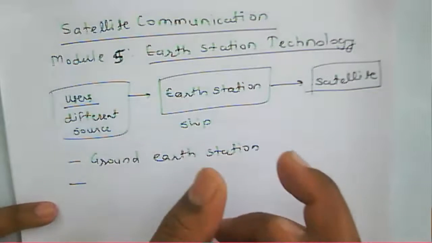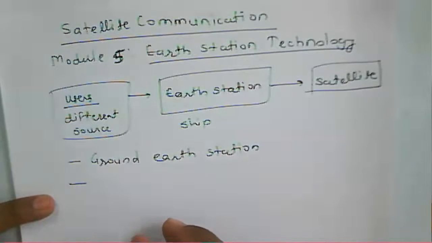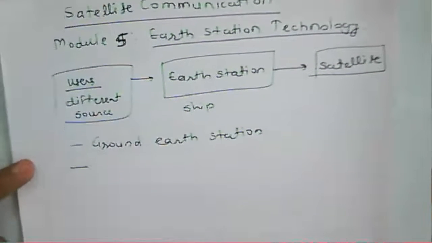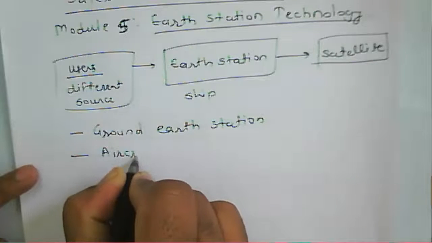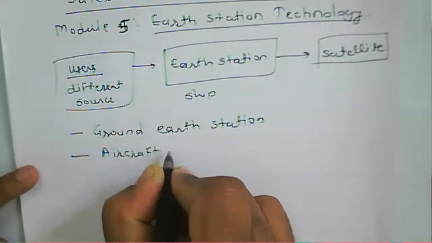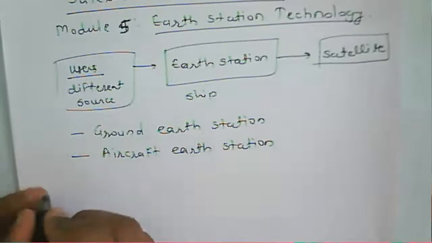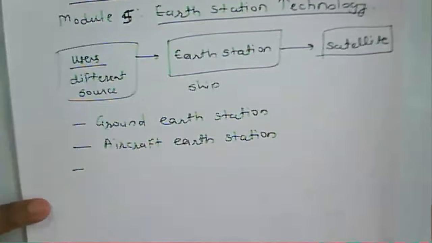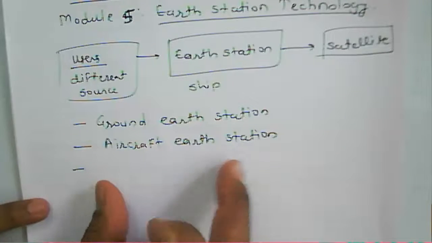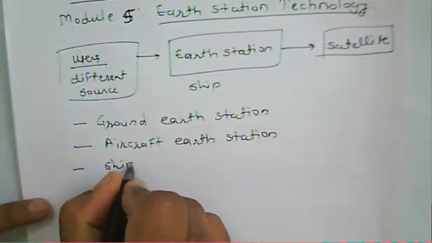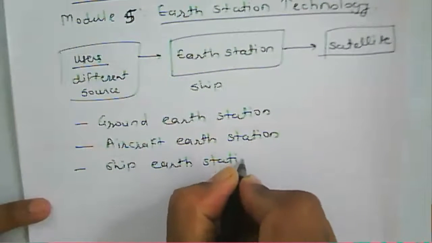If we consider that the station is on the aircraft, then in that case, it is an aircraft Earth station. If the station is present on the ship, then in that case we can say a ship Earth station.